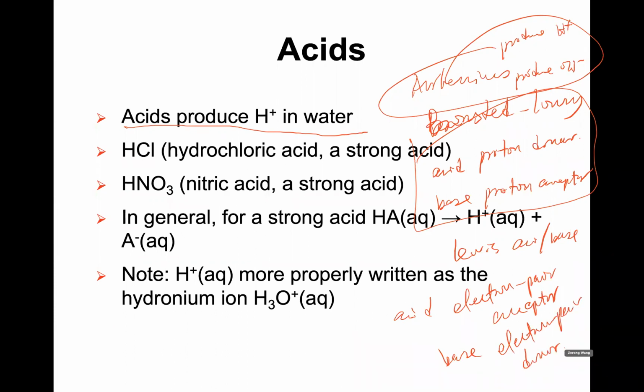This is easily understandable. You can see the proton has a vacant orbital, there's no electron, so it will accept the electron pair. That's how we say electron pair acceptor. That's an acid.